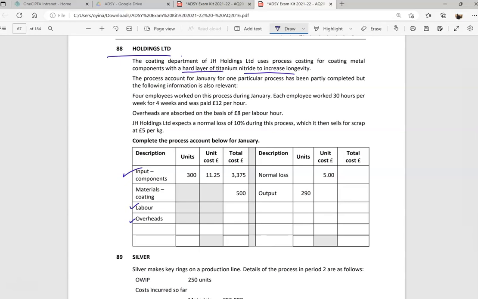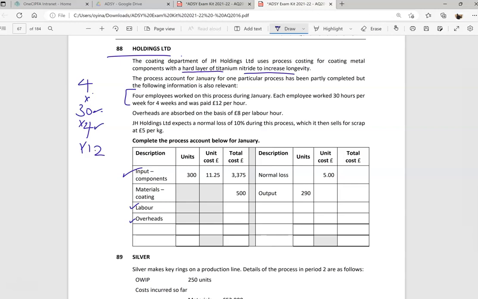We are told that we have 4 employees who have worked on this process. Each employee does 30 hours per week, for 4 weeks, and is paid £12 an hour. So each employee does 30 hours per week, for 4 weeks, at £12 per hour.